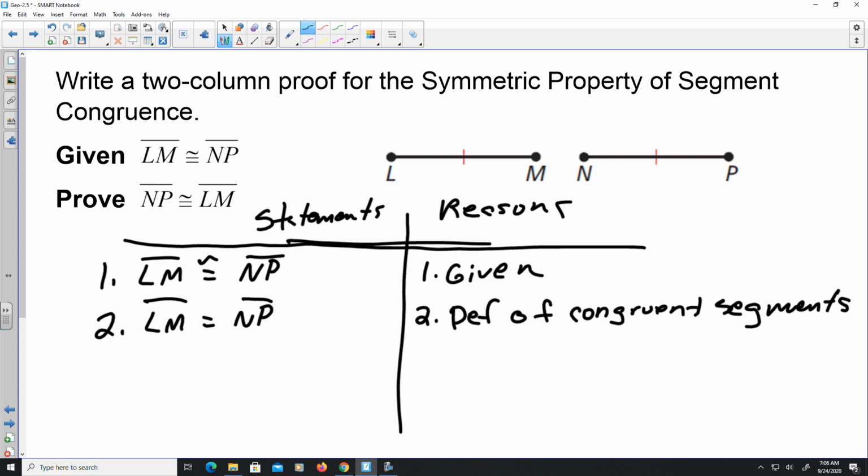All right. Then from there, you are to flip them around and say NP is equal to LM because of the symmetric property.